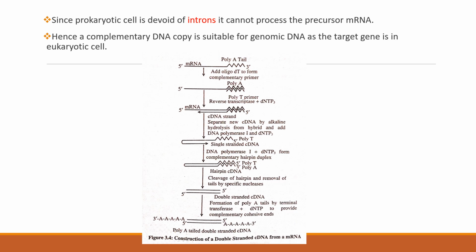Then the second strand will also be formed. Here you can see a hairpin-like structure. This hairpin structure is cleaved by certain nuclease enzymes. Then finally you will get a double-stranded DNA. This double-stranded DNA is called the complementary DNA, and this DNA can be inserted into the prokaryotic cell.